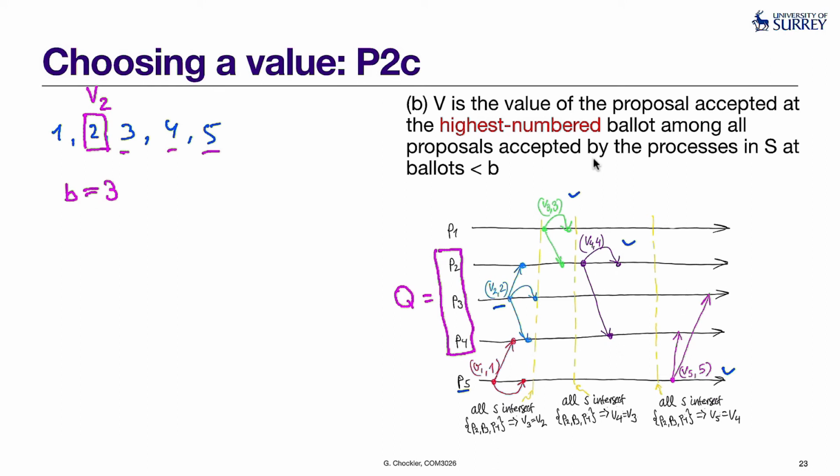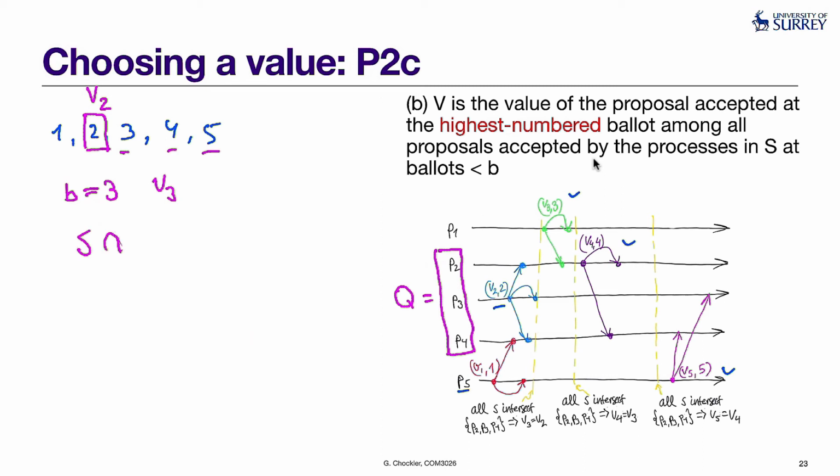The proposal value of ballot 3, which is V3, is chosen to be the value accepted with the highest ballot by all processes in some quorum S. Any quorum intersects any other quorum, and so both S and Q are quorums.